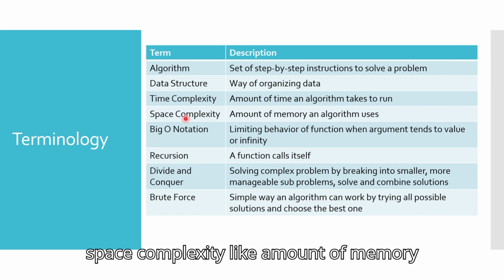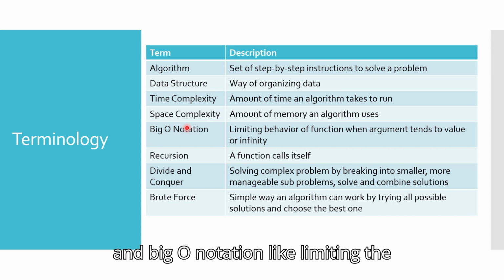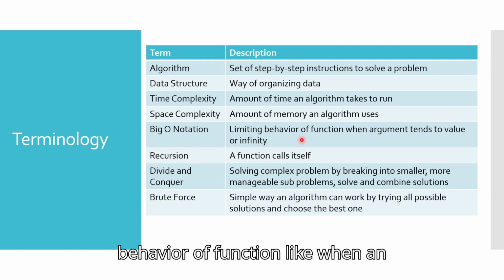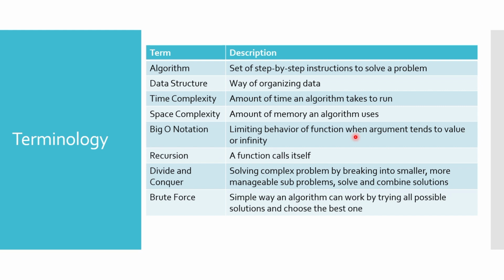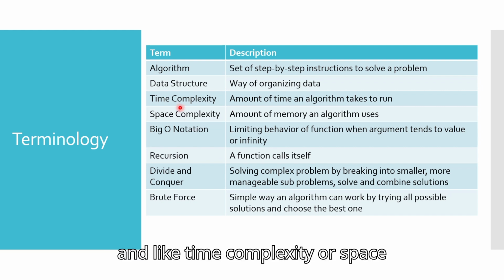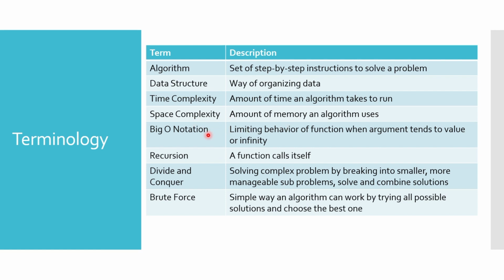Space complexity is the amount of memory it's going to use. Big O notation describes the limiting behavior of a function when an argument tends to a value or infinity. Time complexity or space complexity will be referred to with O of something.